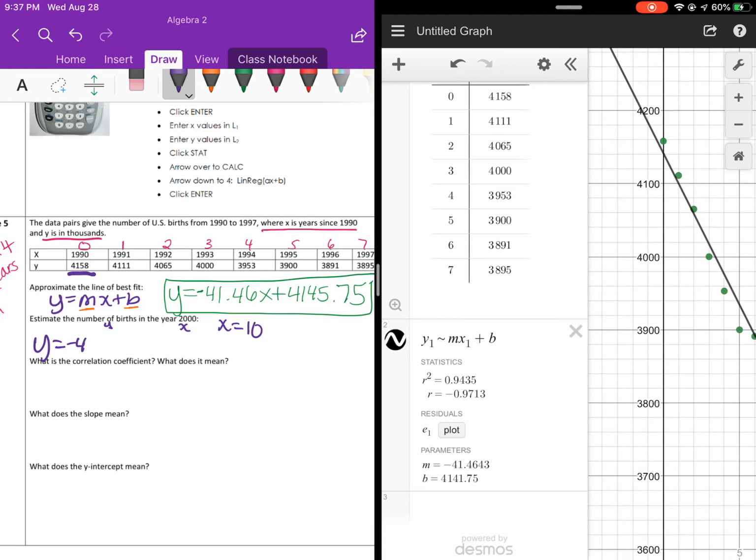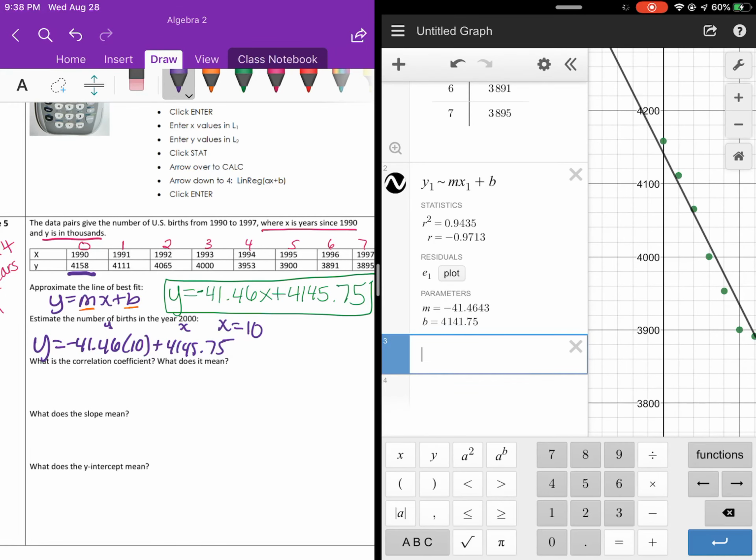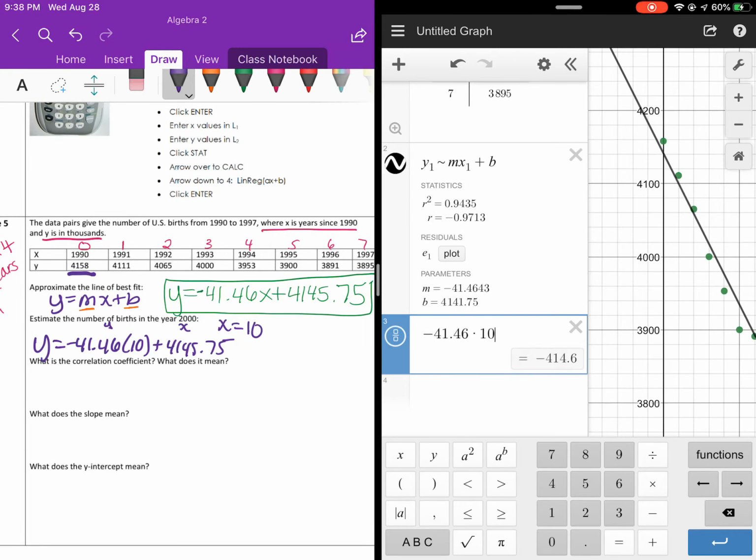So Y equals negative 41.46 times 10 plus 4145.75. So we can go back to decimals and use the calculator here. Negative 41.46 times 10 plus 4145.75.